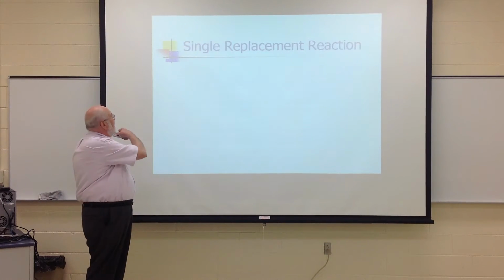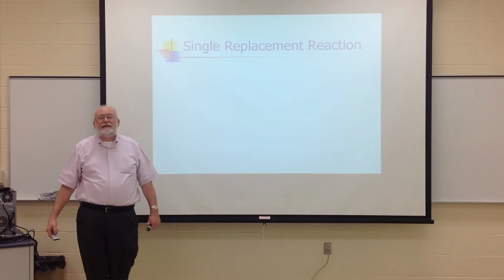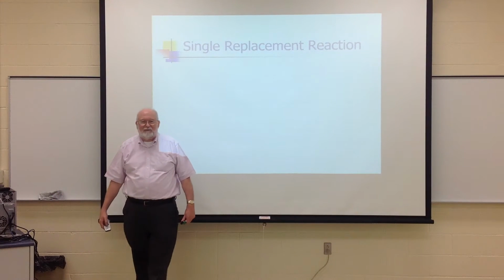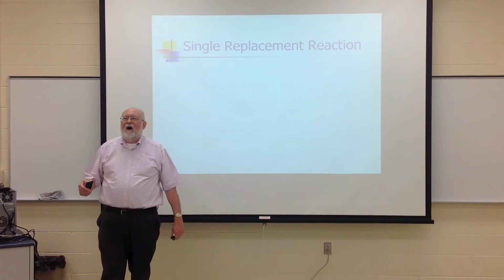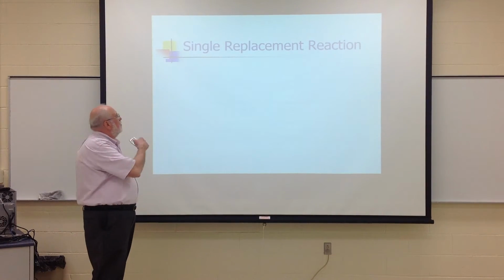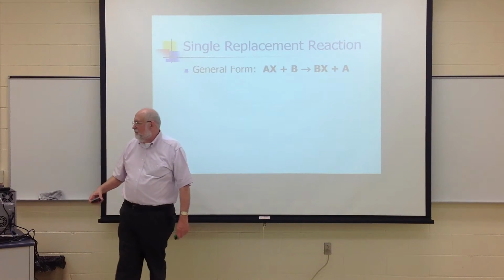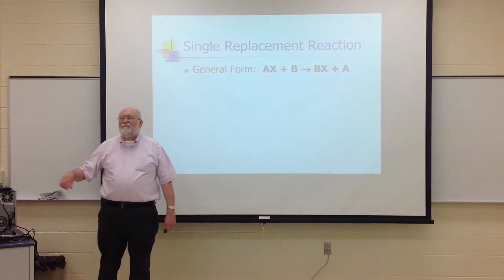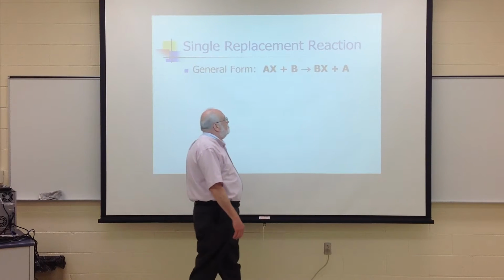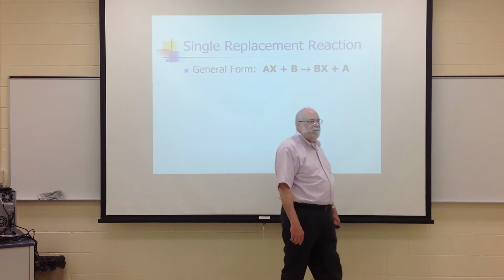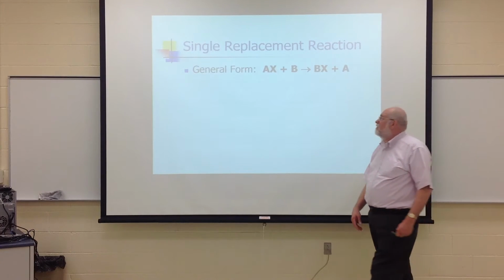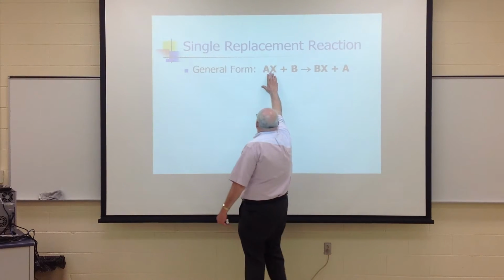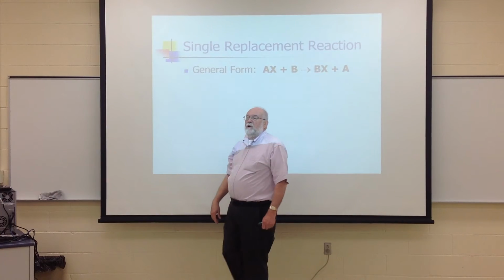All right, so now let's go to what's called a single replacement reaction. Single replacement. All right, now what's the general format for this? AX plus B yields BX plus A. All right, now essentially here's what you've got. AX, element or compound?